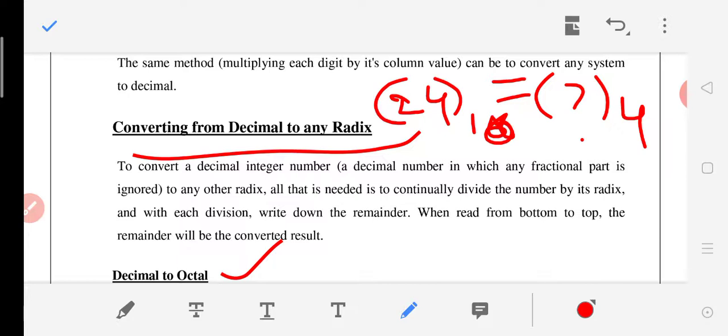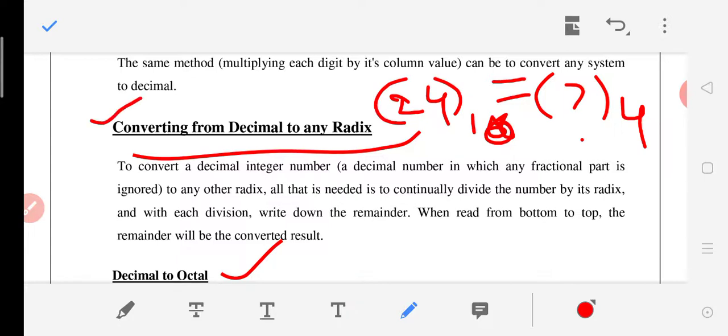We have decimal, binary, octal and hexadecimal number systems, as I told in the previous session, but here there is a base 4. We discussed base 10, base 2, base 8 and base 16, but here base 4 is asked. Don't get confused.